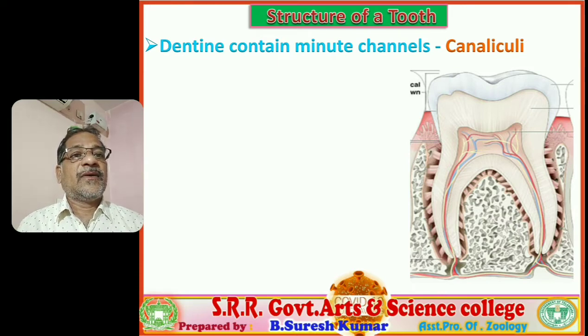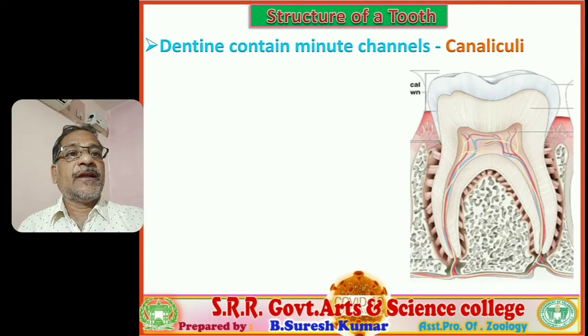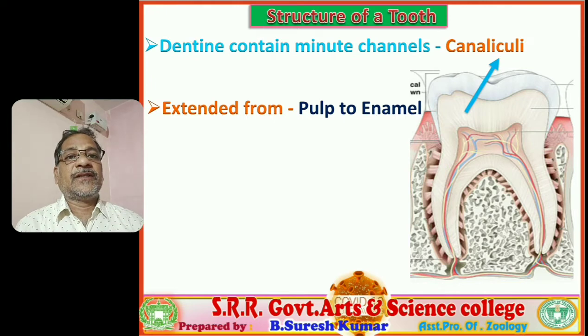These canaliculi extend in a radiating fashion from the pulp towards the crown region, towards the socket of the jawbone. So through these canaliculi, all the nutrients and blood vessels are supplied to the teeth. So remember, the dentin constitutes minute canals, tubes, called canaliculi. These canaliculi are homologous to the Haversian canals of bone.